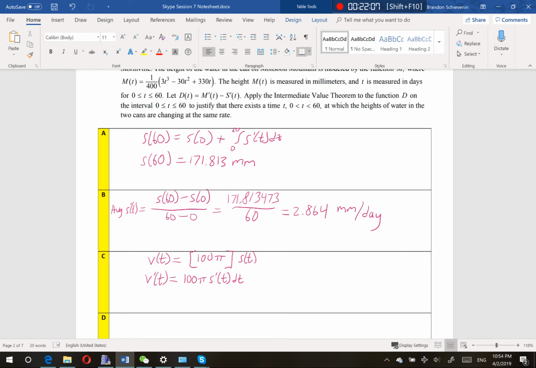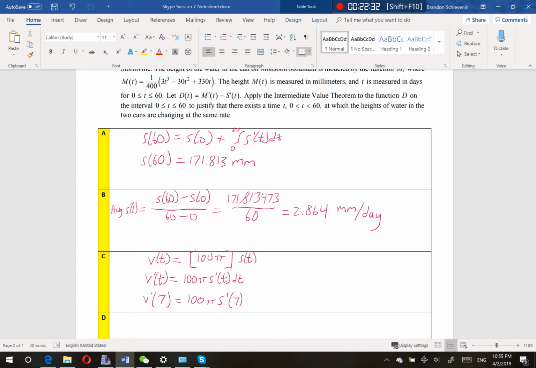Plug in 7, and what is the dt going to be? Actually 1, because we just derived t in terms of time. So this is really dt over dt, which is 1. I'm just throwing it in there because of chain rule.